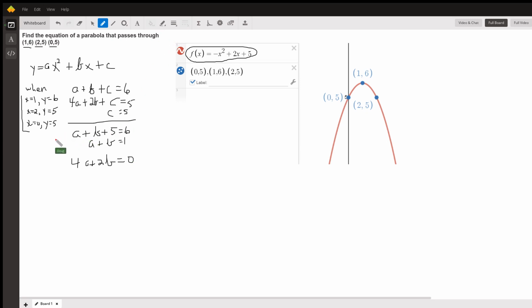So here we have 2 equations, a plus b equals 1 and 4a plus 2b equals 0, solved by either substitution or addition elimination method to get the values for a and b, which is what I did. A is -1, b is 2, c is 5.